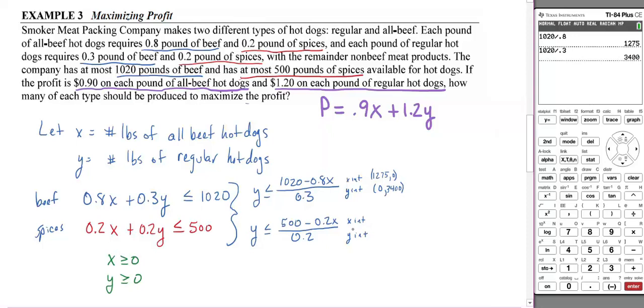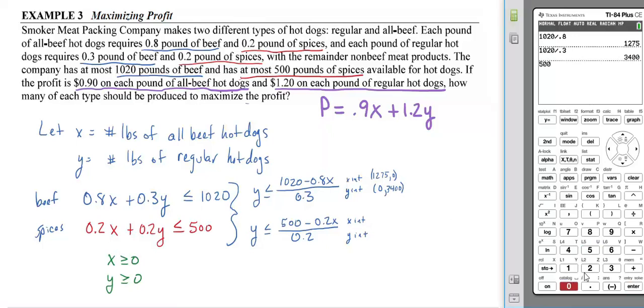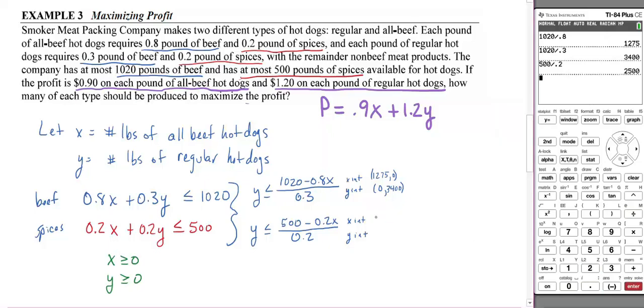And here I have 500 divided by 0.2. That'll give me a 2500, 0, and 0, 2500.